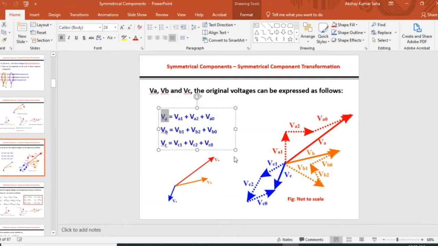So actual phase voltages are resolved into sequence component voltages for analysis of that fault. Similarly, if we use the sequence component voltages, we can go back to the actual phase voltage.